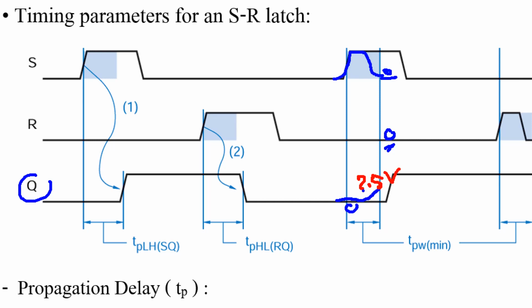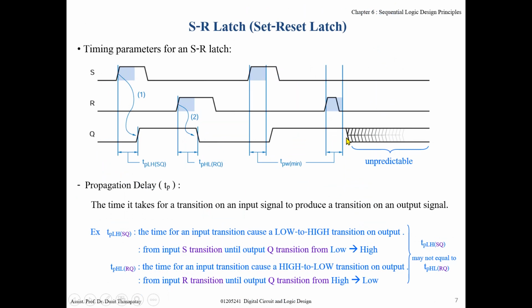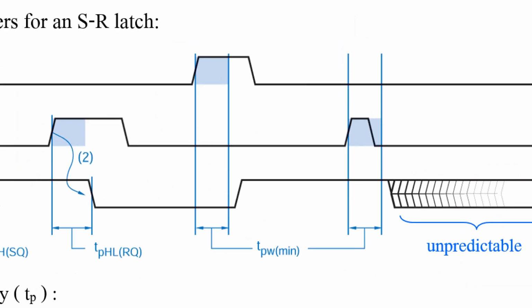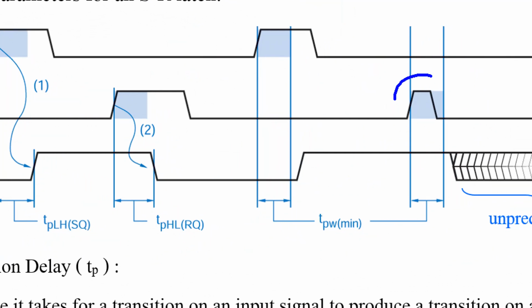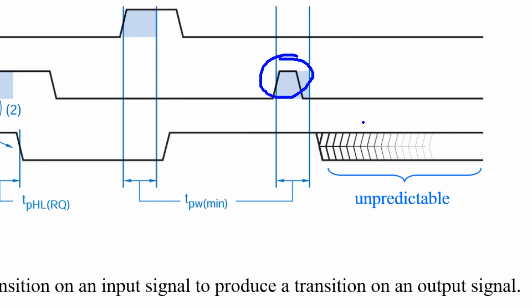It is less than 2.5 or greater than 2.5 volt. So it's unpredictable. So in general, if the input you apply is less than the minimum pulse width, the output will be unpredictable.